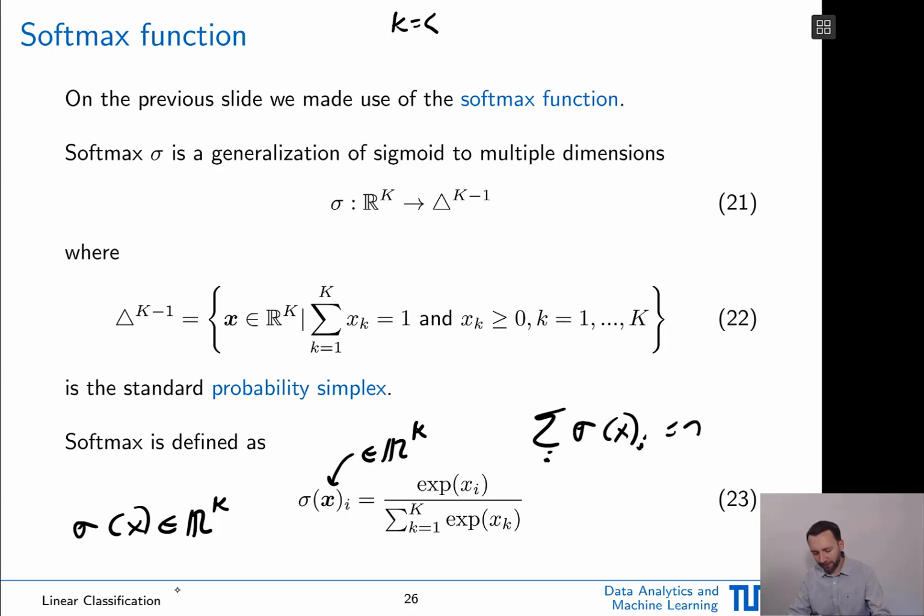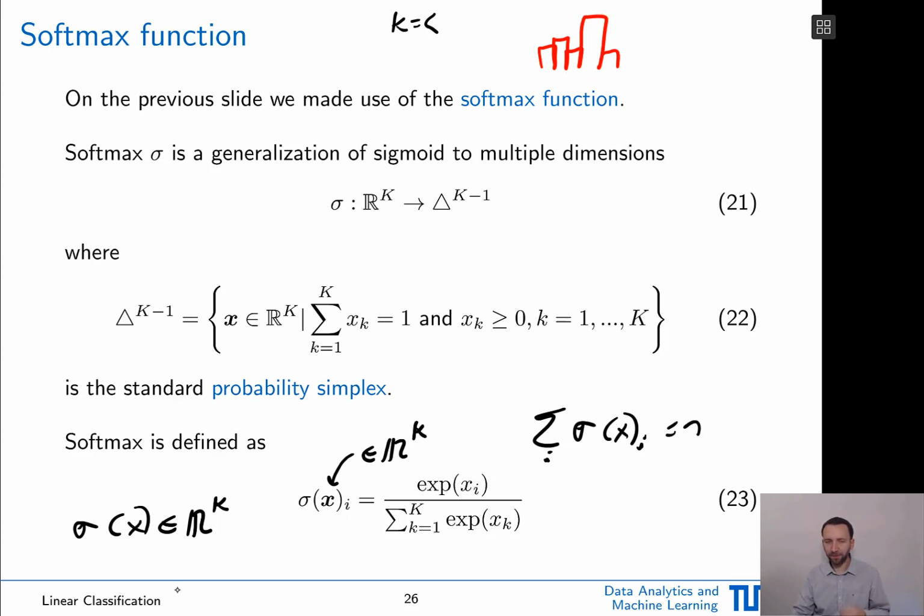Simply speaking, what you're getting out is something like a histogram, where you have k many classes, and all these components are positive because these are probabilities and they have to sum up to 1. So the softmax function transforms an arbitrary k-dimensional vector to a vector from this probability simplex. You can always interpret it as a categorical probability distribution like this histogram.